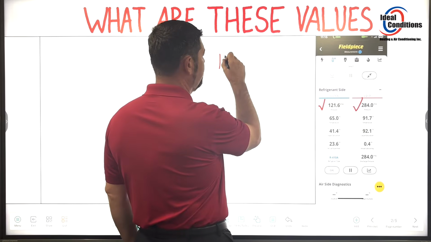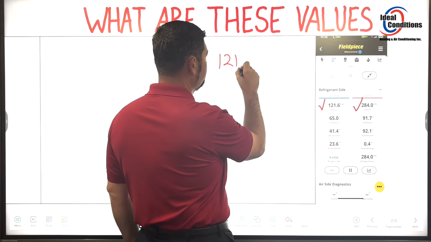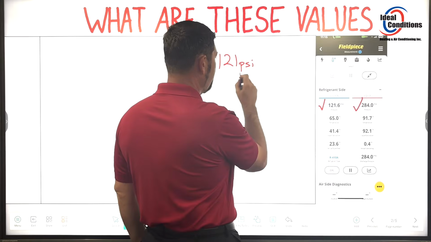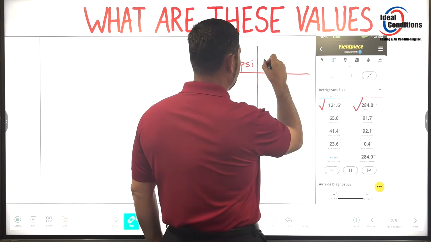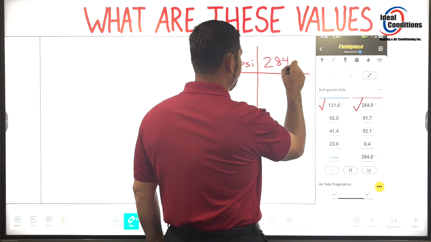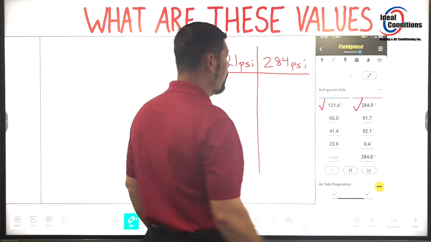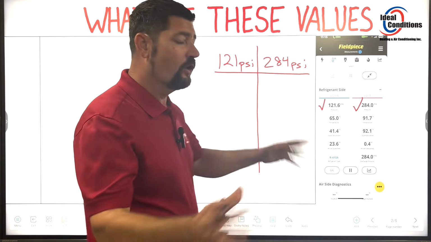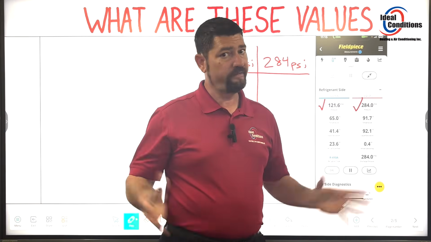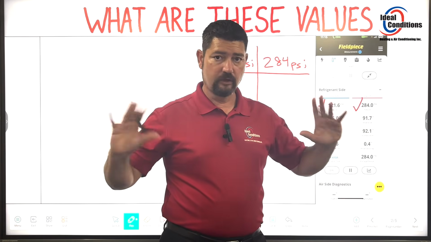My low side is 121 psi. That's always what we're kind of looking for, right? That high side, it's 284 psi. As far as the compressor goes, if you're just trying to diagnose on pressures, the only thing you have determined is I've got very good compression ratio.